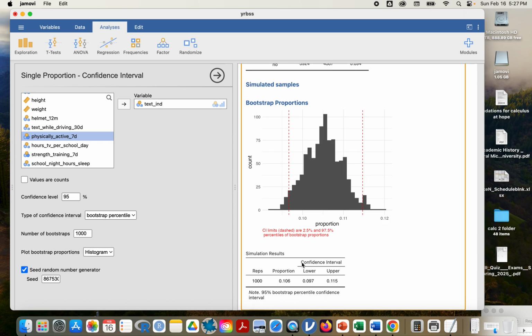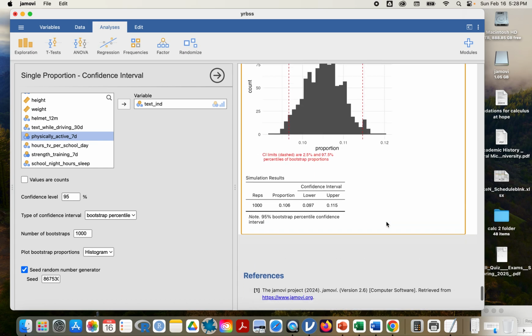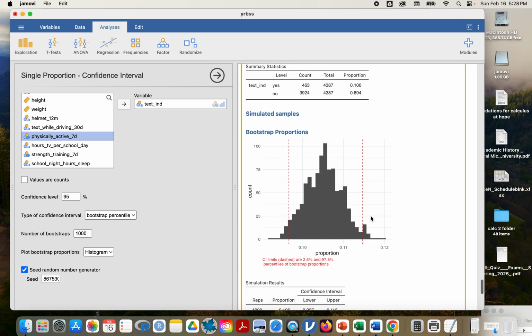But if you notice as well, forgive me, I lost my train of thought. The confidence interval that we built here does not contain the 0.12, and that is another indication that we're going to end up rejecting the null hypothesis, or refuting the claim.